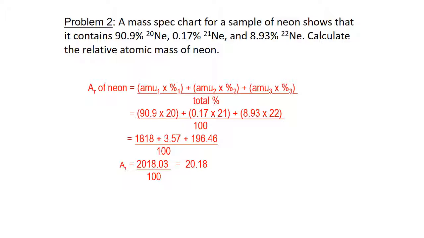So that's how you can use a mass chromatogram result to work out the relative atomic mass of an element from the corresponding isotopes and fragmentation pattern.